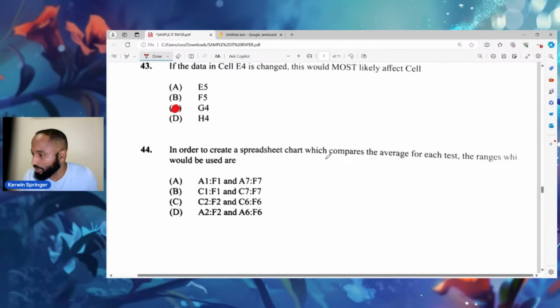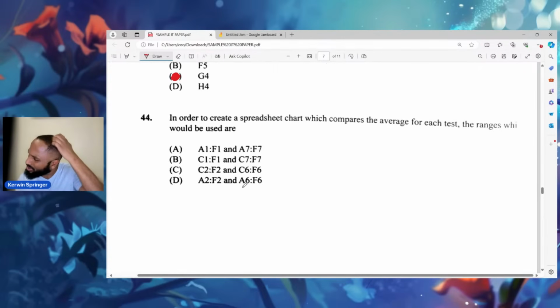In order to create a spreadsheet chart which compares the average for each test, which ranges would be used?